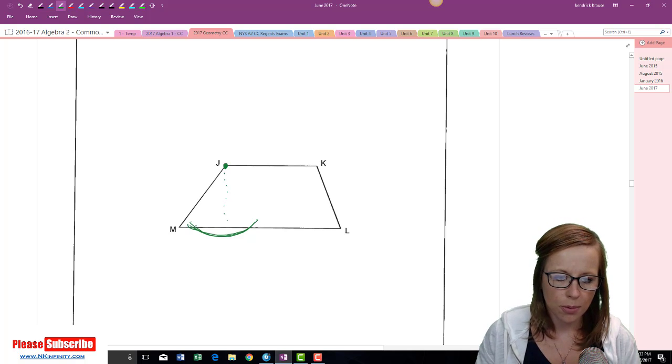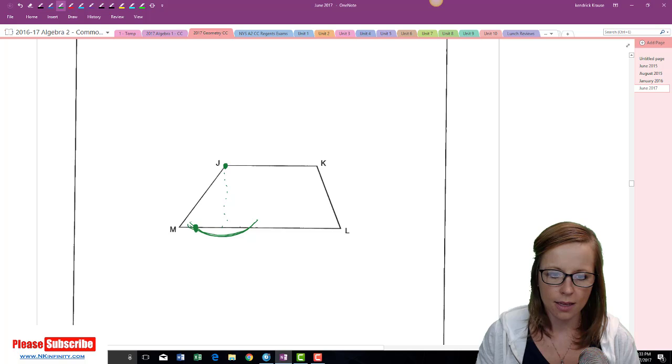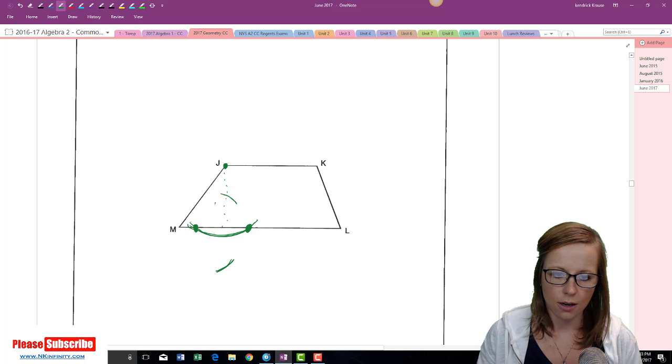Then put your center at this point, and measure past halfway. You can see that halfway would be like there. Past halfway, and create an arc above and below. Now using that same measurement, put the center here and create an arc above and below.